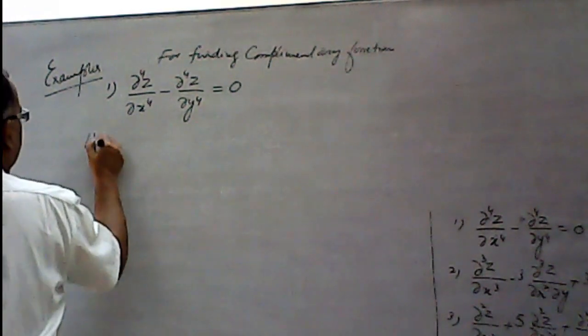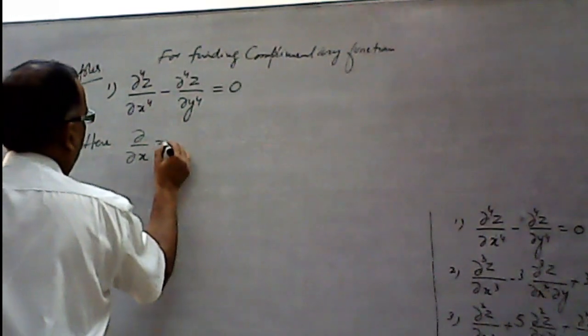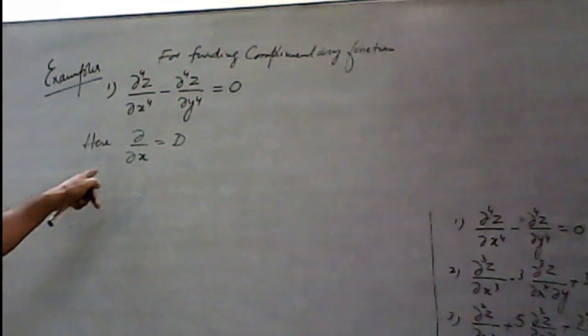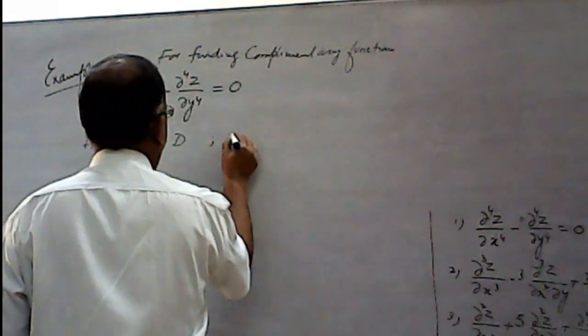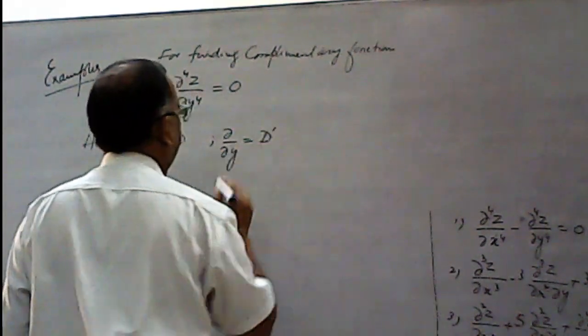In general, as we said in higher order ODE, the derivative with respect to x will be called capital D, while the derivative with respect to y will be called D dash.